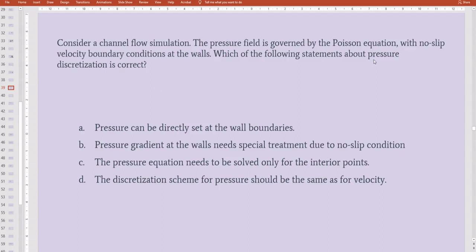This is not for velocity, this is for pressure discretization. Option A, pressure can be directly set at wall boundaries. Option B, pressure gradient at walls needs special treatment due to the no-slip condition. Option C, the pressure equation needs to be solved only for interior points. Option D, the discretization scheme for pressure should be the same as for velocity. You can try to answer the question.